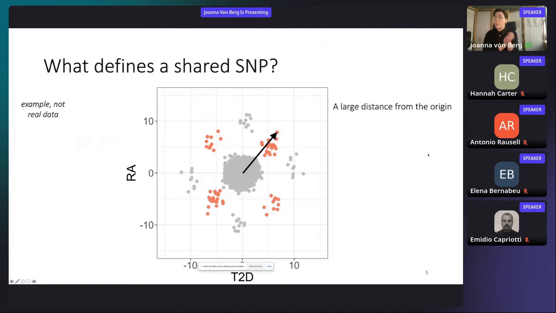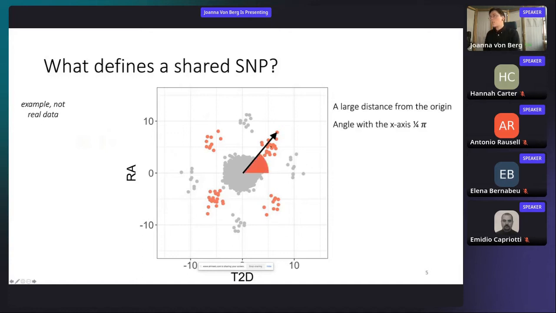So now we can go back and actually think of a definition of a shared SNP. So the first thing we should observe is that for a SNP to have a shared effect on multiple traits, it needs to have an effect at all. So a large distance from the origin, because all these SNPs in the middle don't really have an effect on anything.